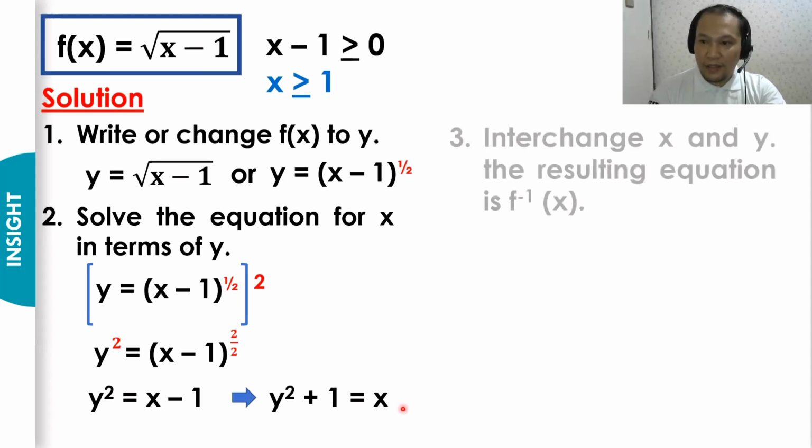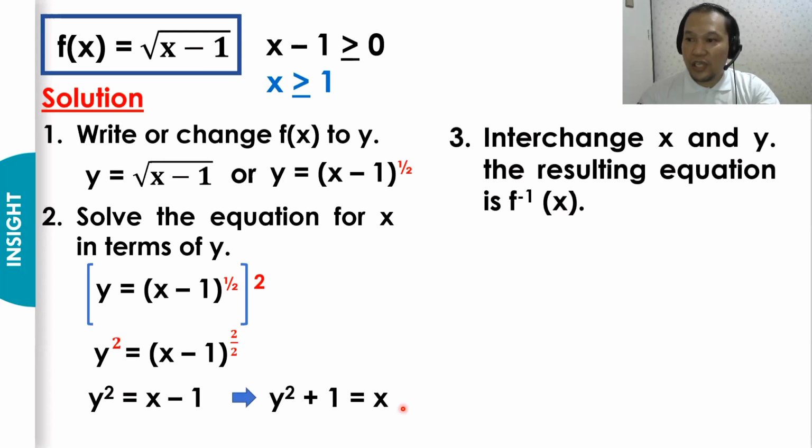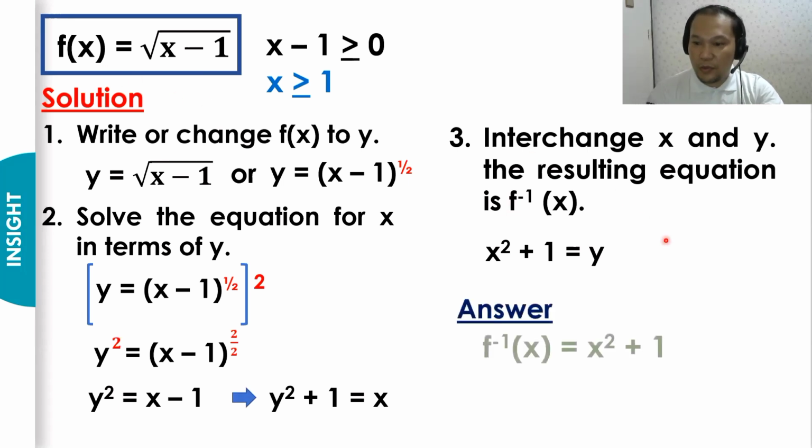And then, third step, interchange x and y. Therefore, y will become x and x will become y. That is, x squared plus 1 is equal to y. Then, the resulting equation is now the inverse of the given function. Therefore, our final answer is that the inverse of the given function is equal to x squared plus 1.